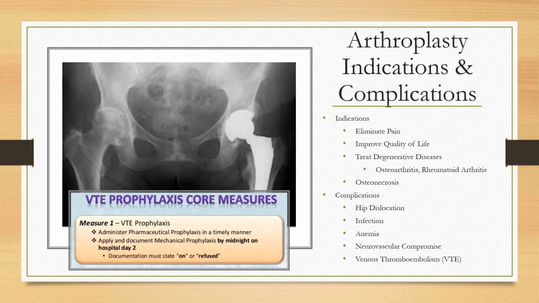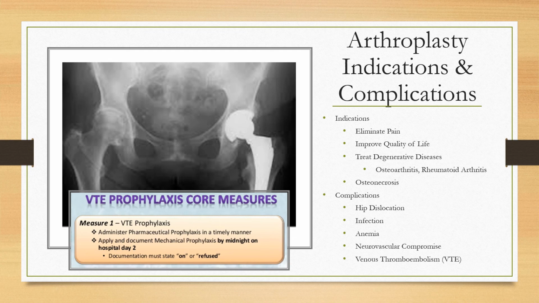So sometimes we'll administer medications to prevent a DVT post-operatively, such as heparin subcutaneously, or another type of heparin called low molecular weight heparin, such as enoxaparin, to prevent a DVT after surgery.